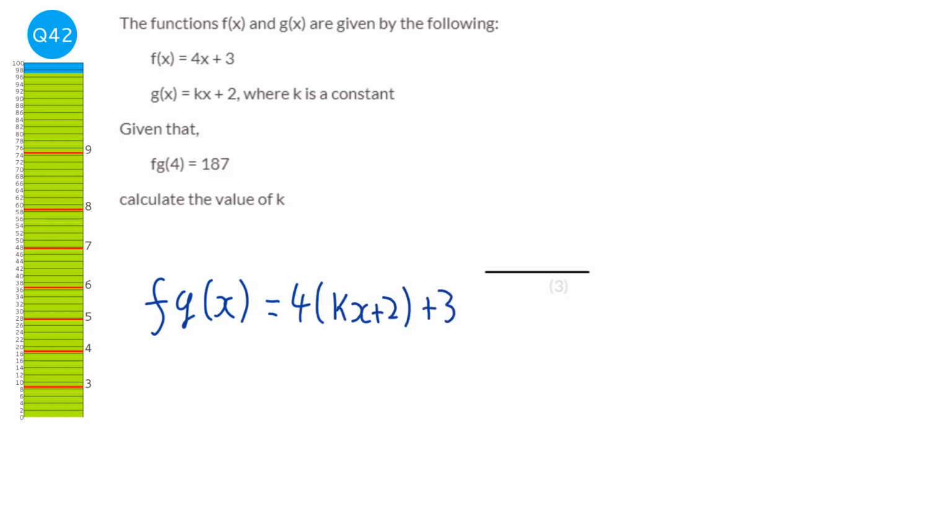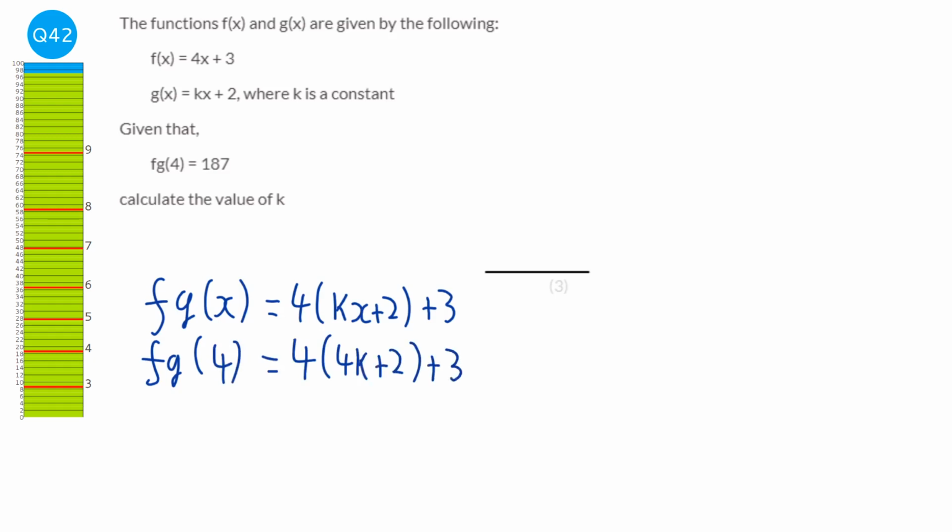Now this says that fg, when 4 is put into it, it gets an answer of 187. So when 4 is put into it, well, let's put that 4 into it. So 4 brackets, and it's k times 4, so that's 4k, plus 2, plus 3.